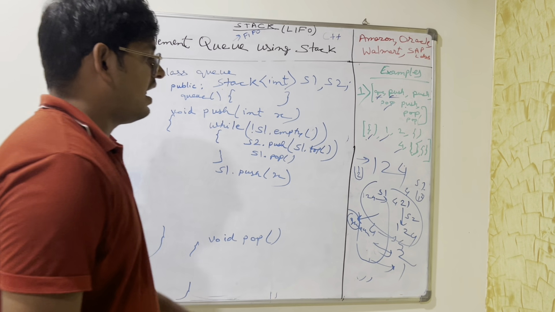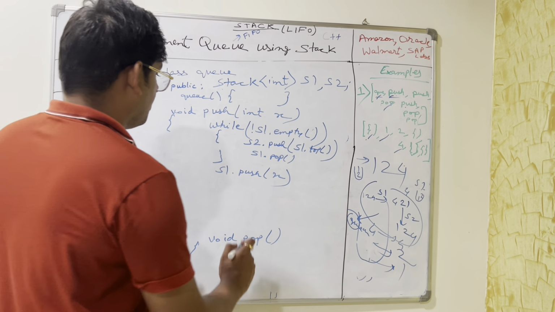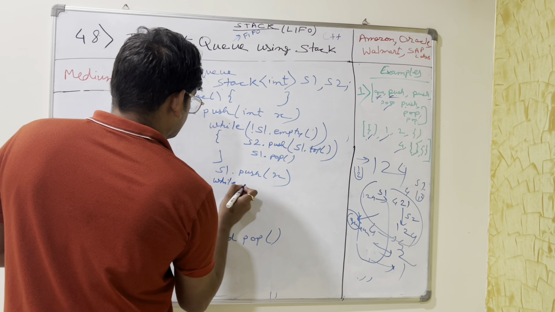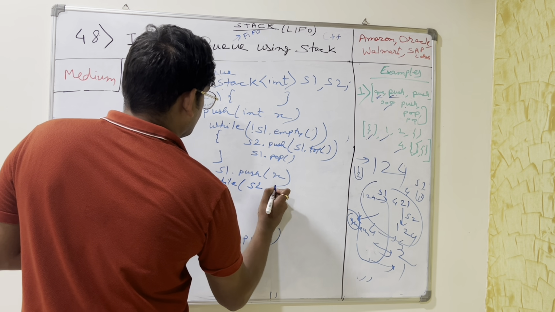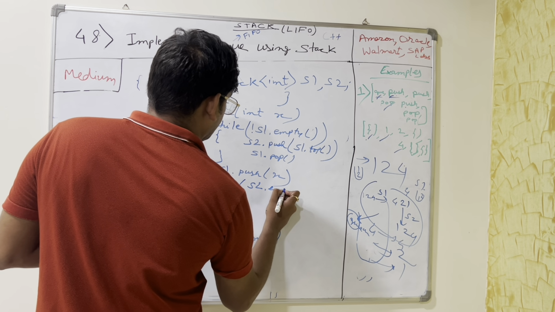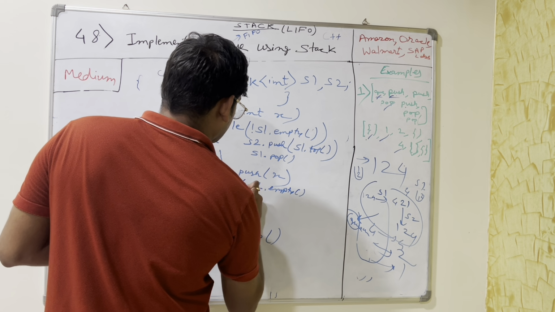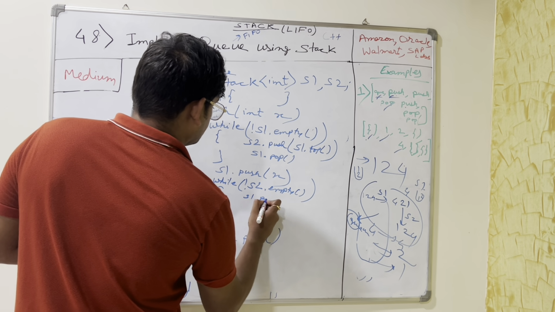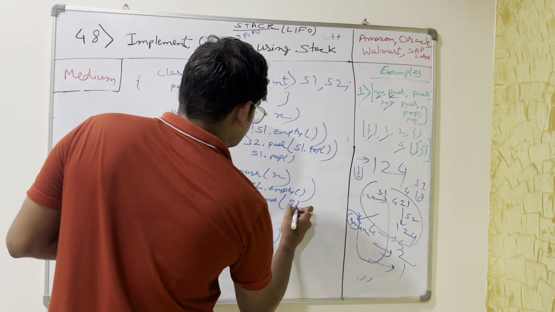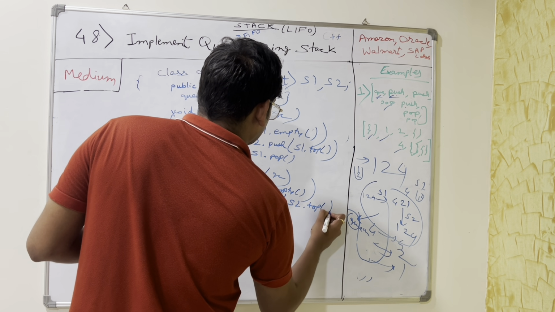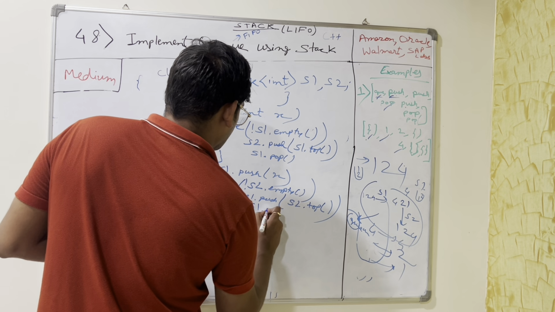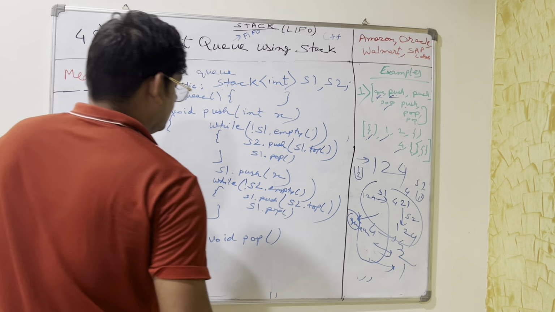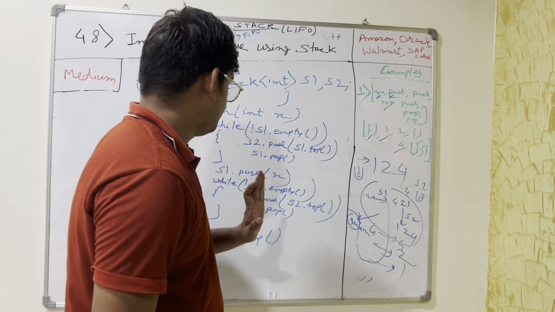Now what do we do? We insert back whatever has come into stack 2, while s2 is not empty: s1 dot push s2 dot top and s2 dot pop. And everything will be there in stack 1.